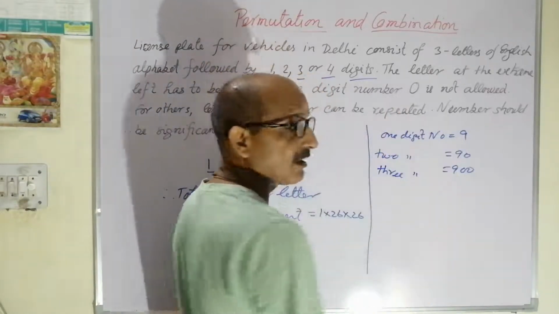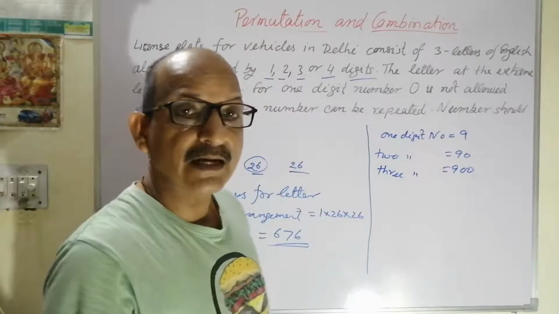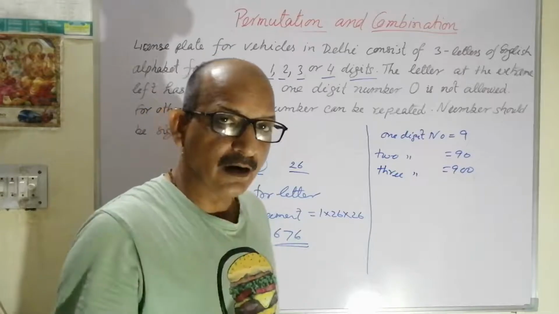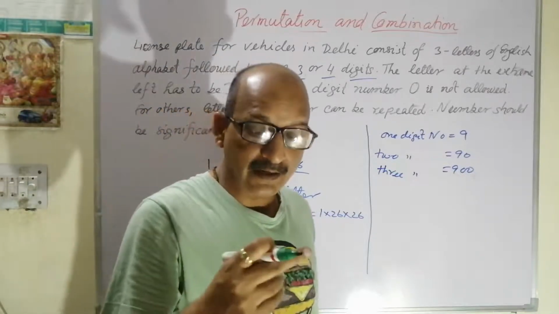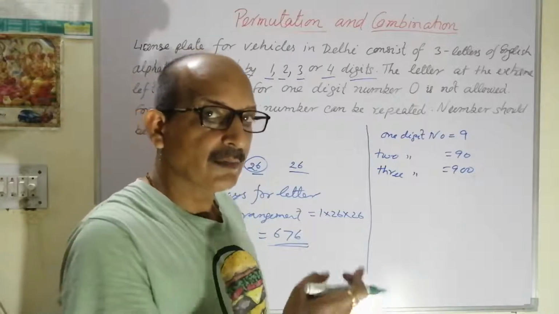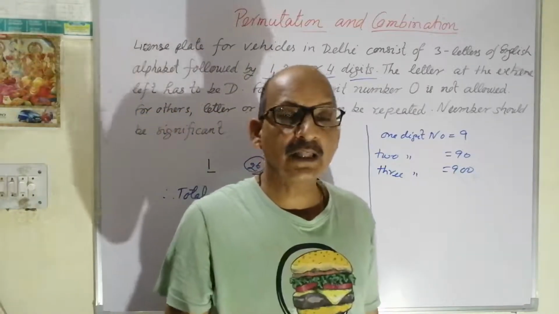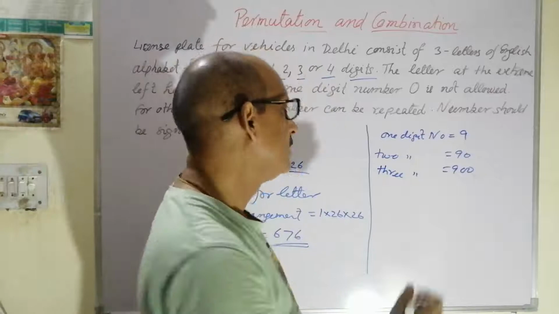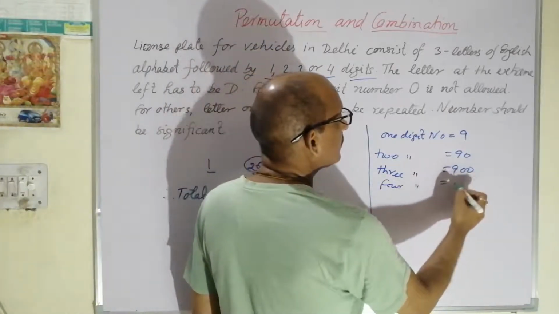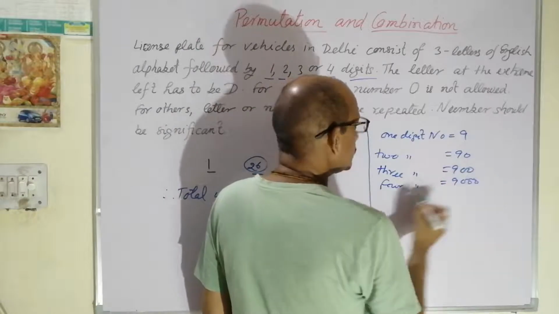In the same way we can calculate, because the last number is 999 and the smallest number is 100. 999 minus 100 is 899, plus 1, that is again 900. Four digit numbers are 9000.